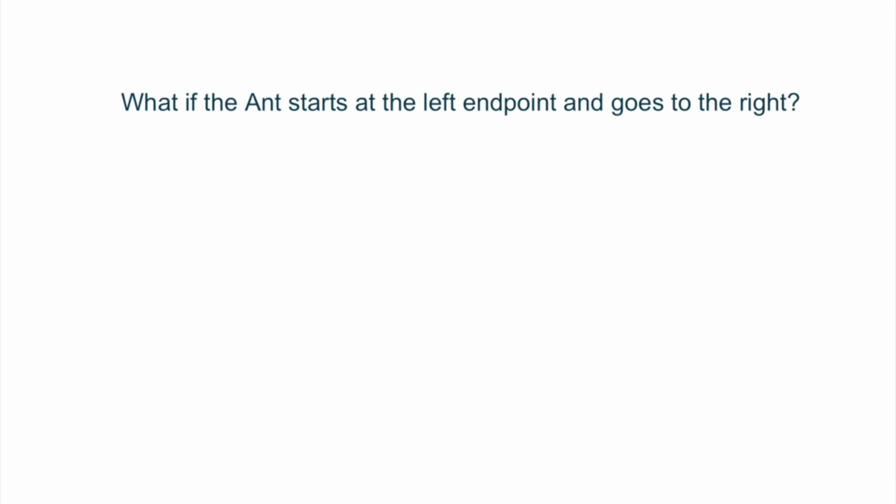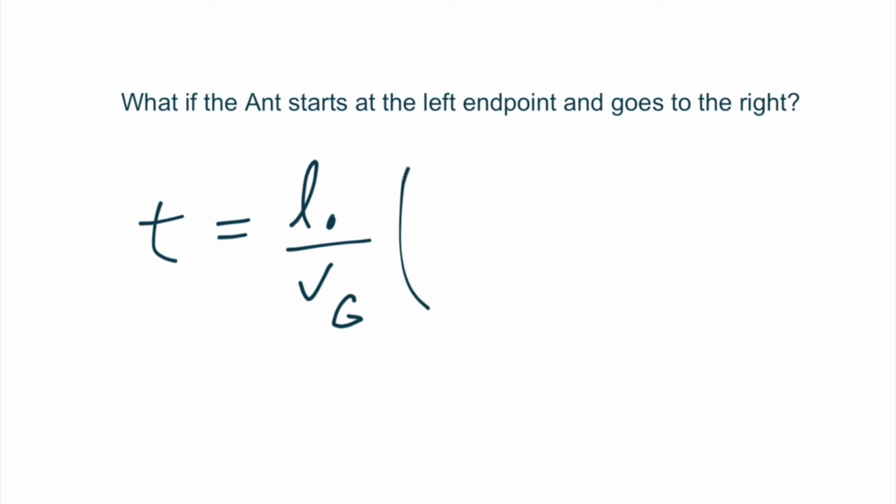The other one: what if the ant starts at the left endpoint and goes to the right? You'd still solve the same equation of motion, I believe. And what you would get is really just a sign change. The time it would take would still be L0 over Vg times e to the goblin velocity over the ant velocity, minus 1.